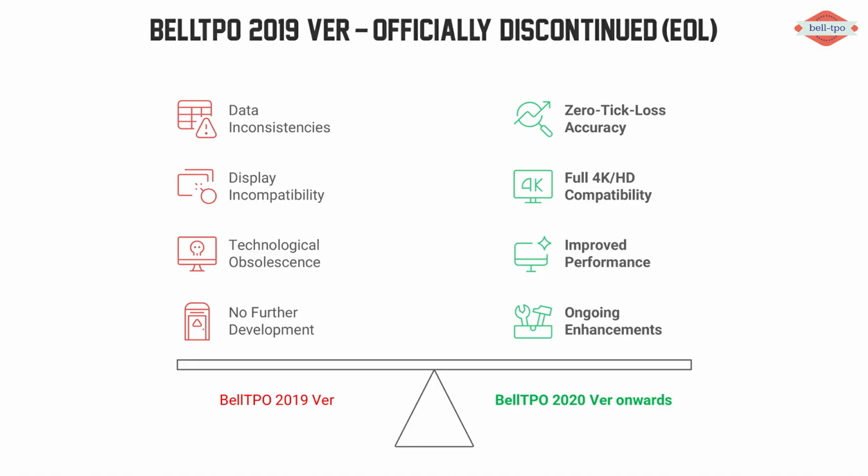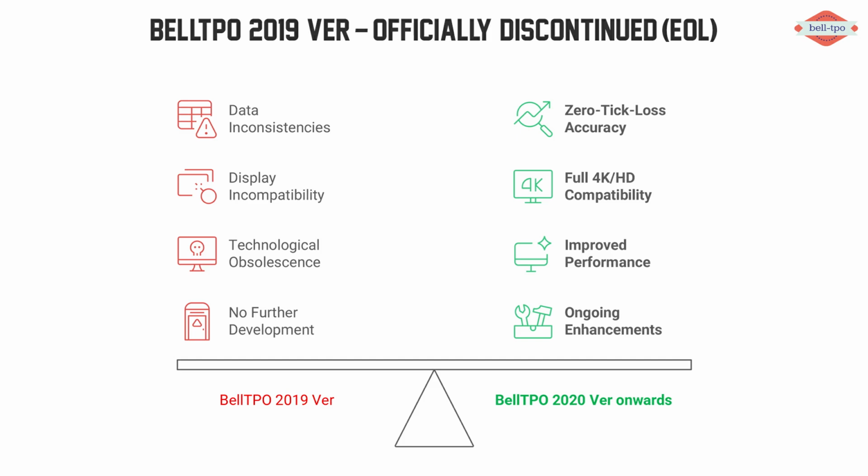With this, we could avoid TPO letters overlapping and order flow value numbers stacking incorrectly. The UI elements also appeared broken or misaligned. That has been taken care of from the 2020 version onwards.